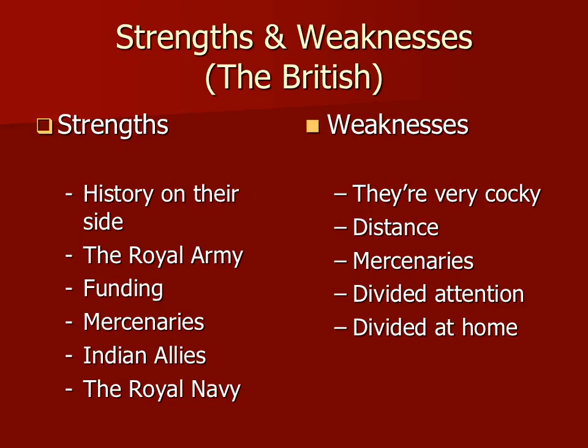From what I've read of it, it essentially comes down to many of the Native Americans preferring the British over the Americans out of fear of what they might have seen coming with the Americans, kind of an enemy-of-my-enemy-is-my-friend type thing. But Indian allies are a big strength for the British because it allows them to have scouts that know the terrain, the territory, and the best supply routes. And so these Indian alliances will end up being a big strength for the British.